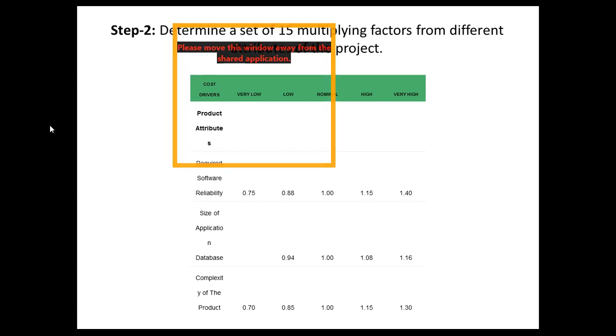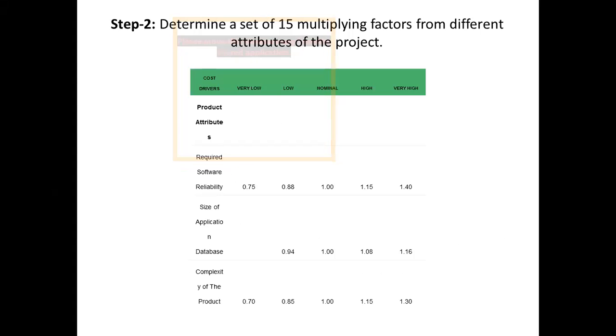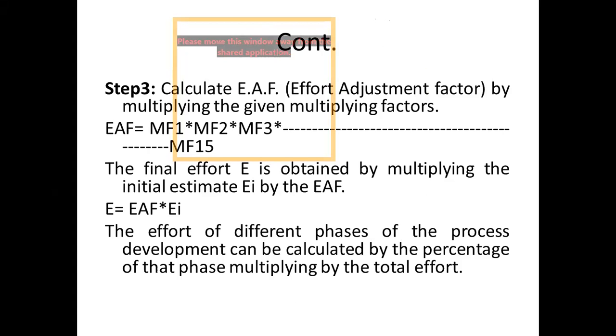Now in step 2, you will calculate EAF. Here you can see multiplying factors are already given, and with the help of these multiplying factors, you can calculate the value of EAF, that is the effort adjustment factor. How will you calculate it? EAF is MF1 into MF2 and so on into MF15. There are a total of 15 multiplying factors.